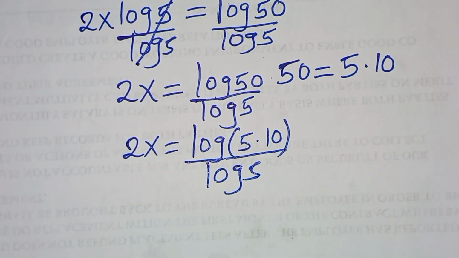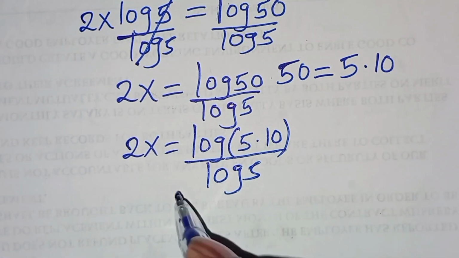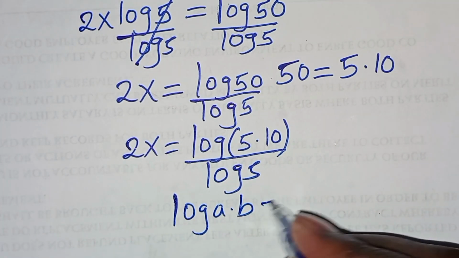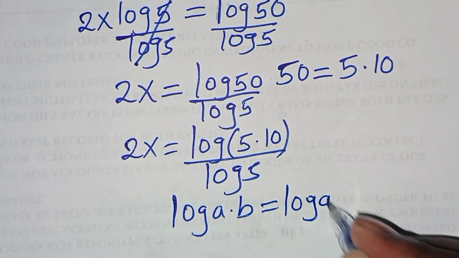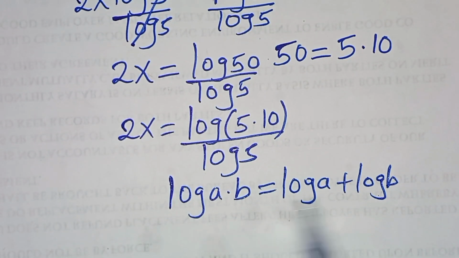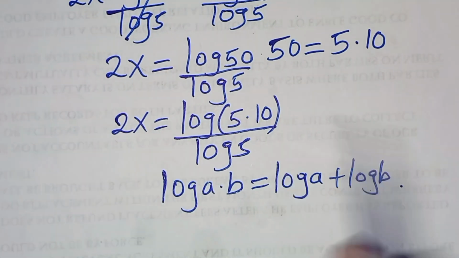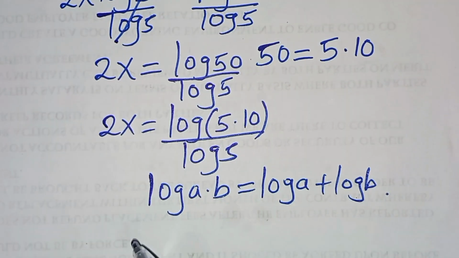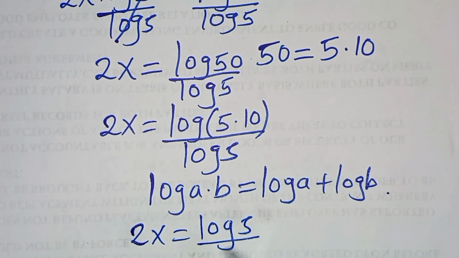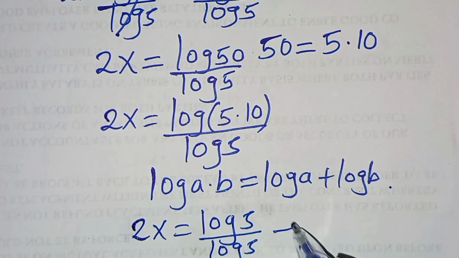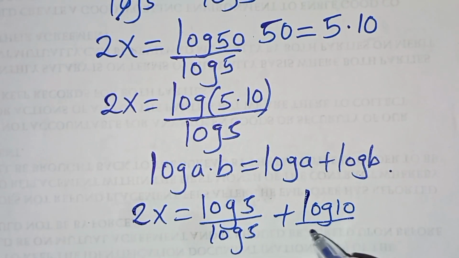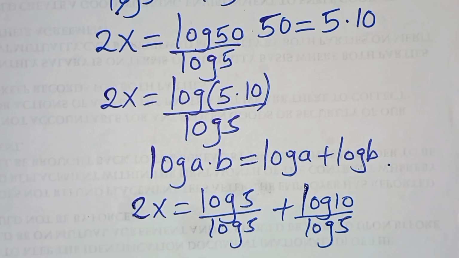Now, log of 5 times 10 is in the form of log a multiplied by b, which we can express as log a plus log b. Applying this logarithm property, log of 5 times 10 can be expressed as log 5 divided by log 5 plus log 10 divided by log 5.